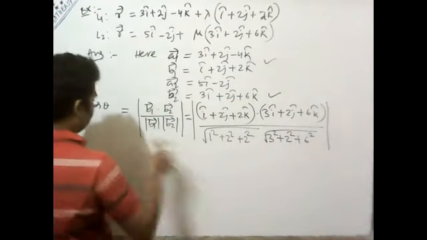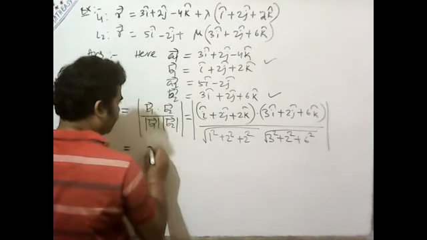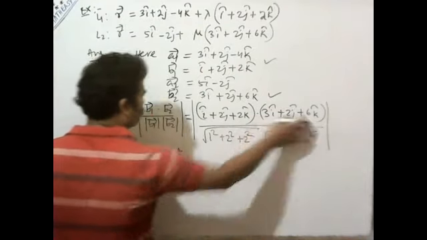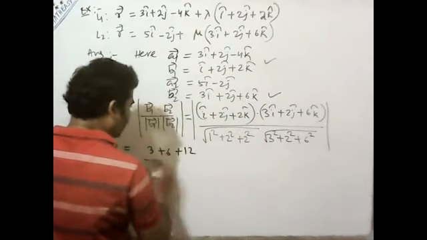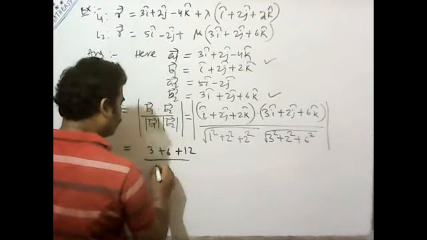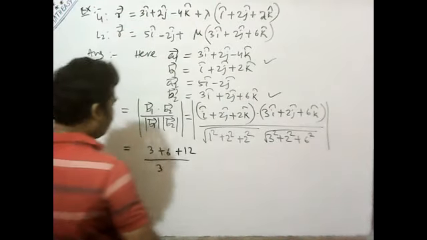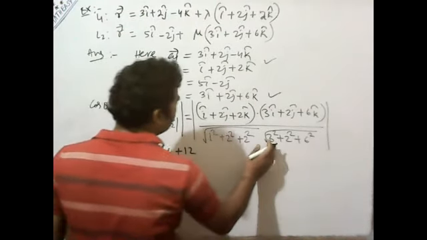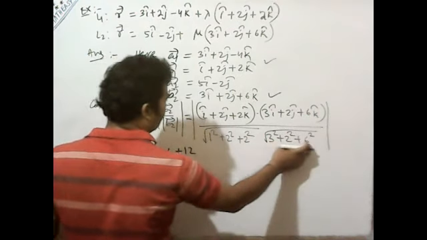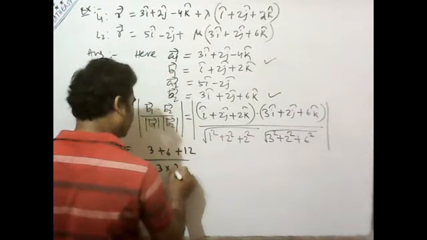Now the dot product comes: 1 into 3 is 3, 2 into 2 is 4, 2 into 6 is 12, so that is equal to 19. Divided by the square root of 1 plus 4 plus 4, that is 9, so the root of 9 is 3. And the other is 9 plus 4 plus 36, that is 49, whose root is 7.